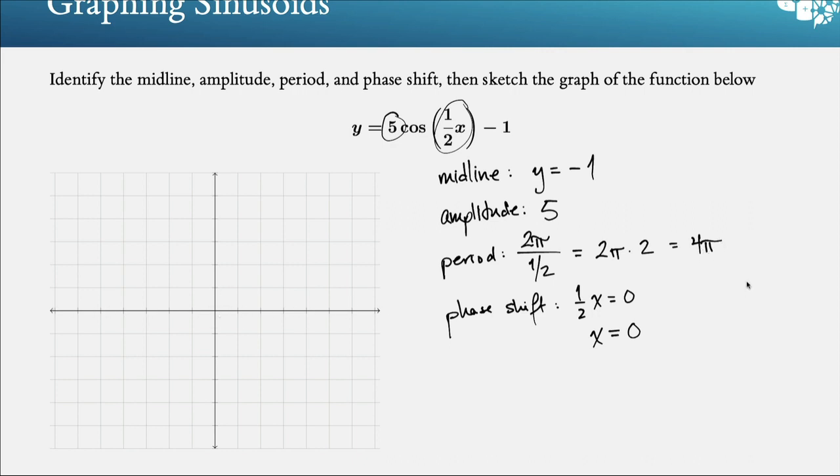So if I divide that by 4, I get just pi. So I can just go by pi's here. I think I'm actually going to cut that in half again, just to be a little bit more spread out. So I'm going to go by pi over 2's here. So that's pi over 2 makes this pi, 2 pi, 3 pi, and 4 pi out here. Okay. Draw our midline at y equals -1.